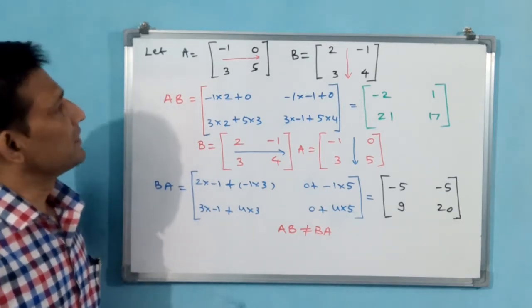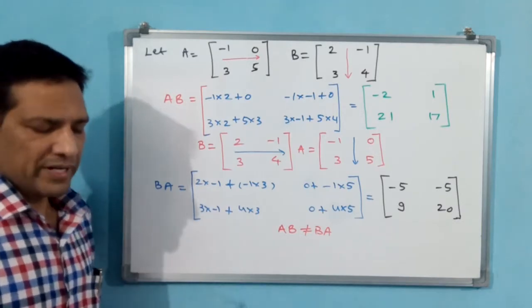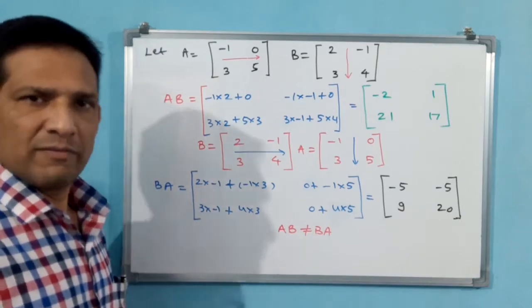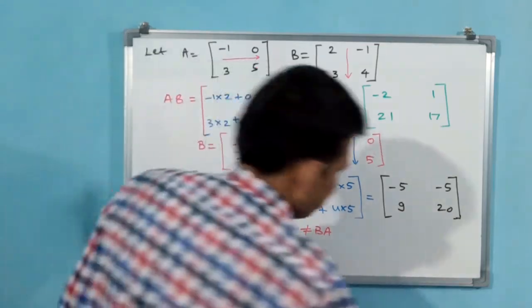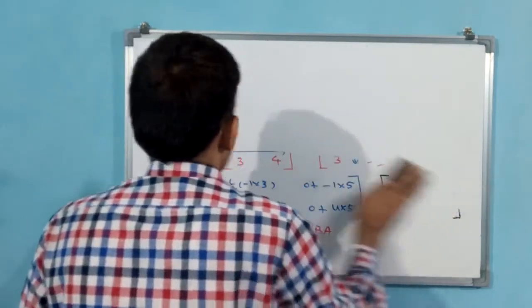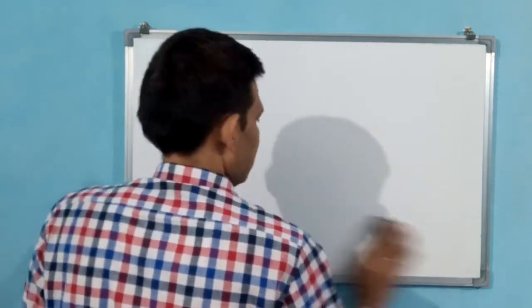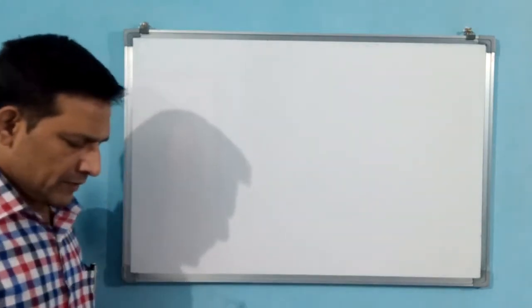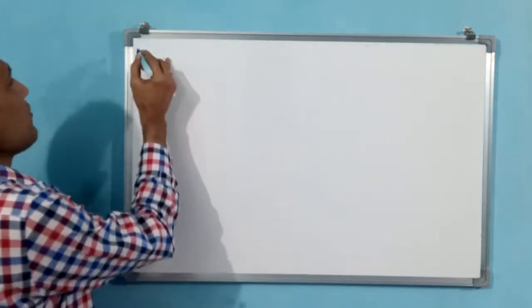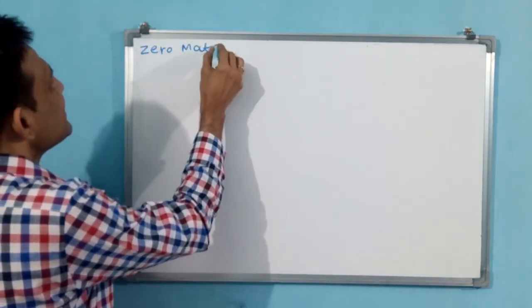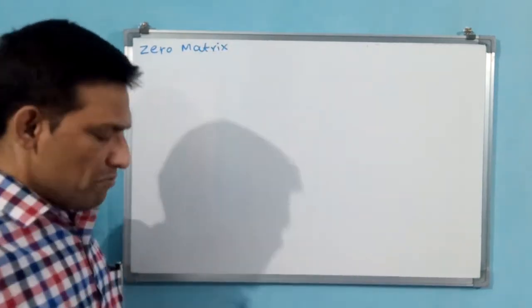Okay, now let us go to another property, zero matrix. After zero matrix, we will see properties of multiplication of matrices. Okay, I am writing zero matrix. Zero matrix.